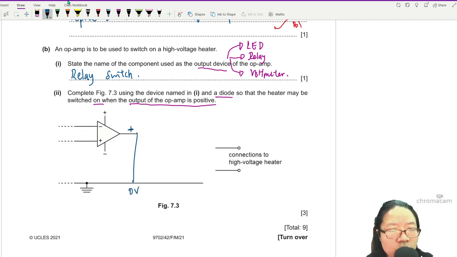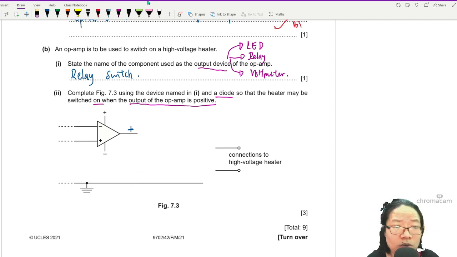Here is 0 volt, here is positive. Current will flow from high potential to low potential. This is the direction of current flow. Like water, we go from high to low, like a waterfall. So now we know the current is going to flow downwards. So when I draw my relay, you see, this one is the switch.